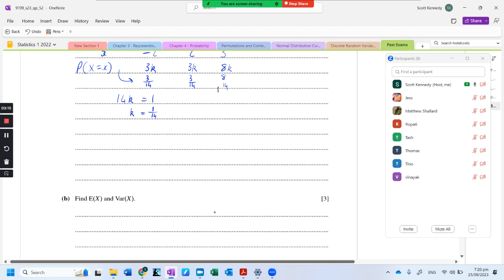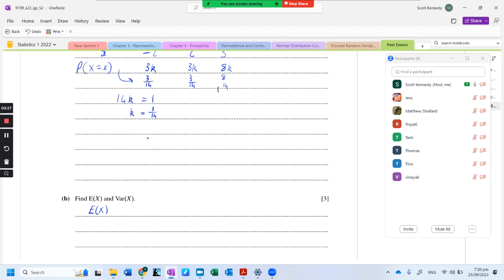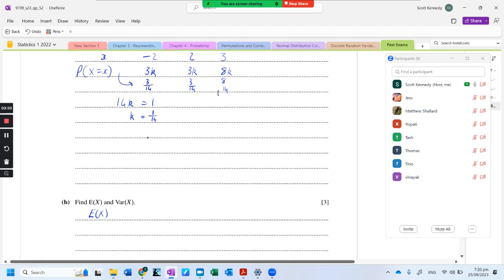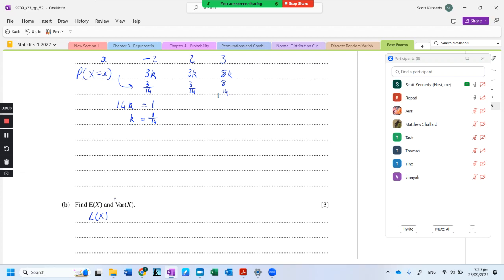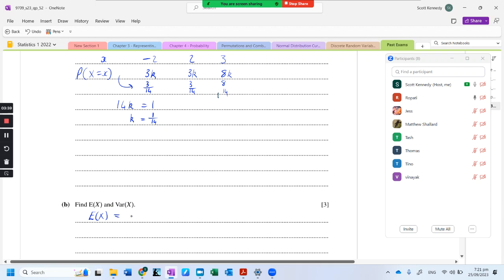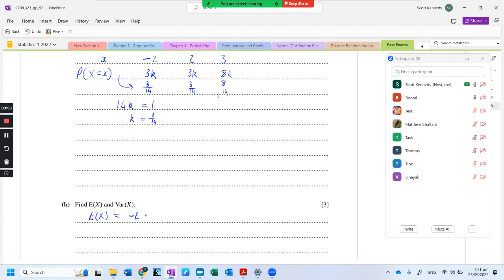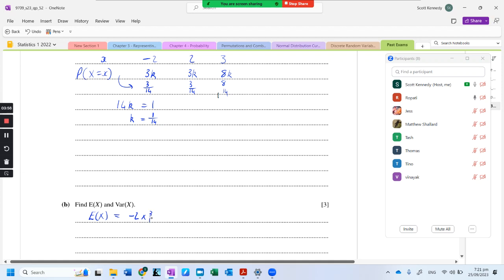Okay, find E(X) and Var(X). So for E(X), what do we need to do? For example, minus 2.